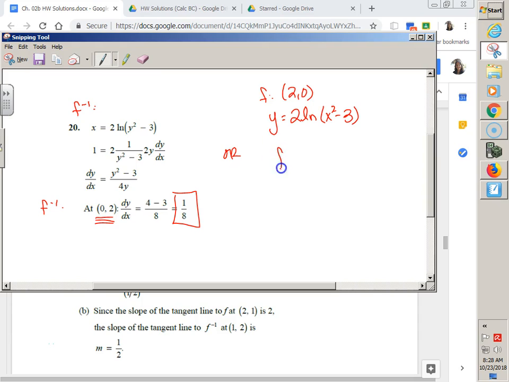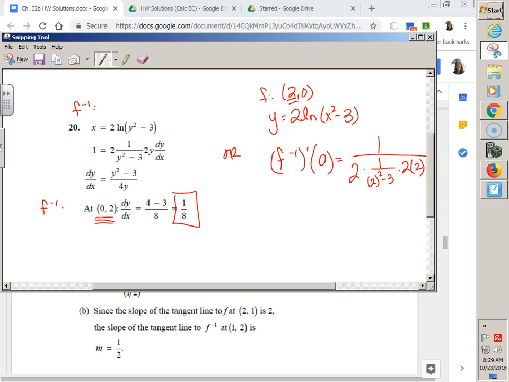Then you could have done, hey, f inverse prime of 0, the x of the inverse, is equal to 1 over f prime, 1 over u times u prime. It would have been the exact same work, just now we would have been plugging in the x, which is still 2. And it ended up with 1/8 also.